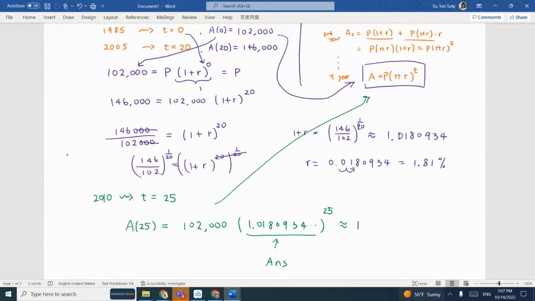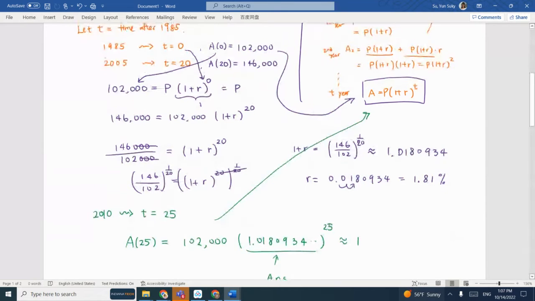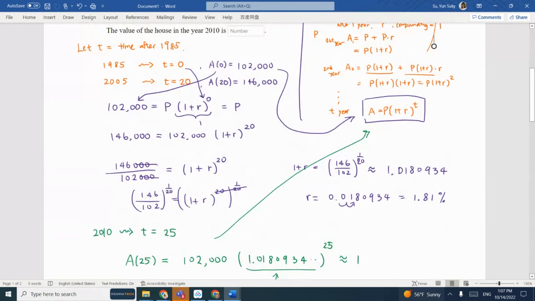Sorry, again. 103,000. 103. Okay. The number should be bigger than that because 25 years, so it should be more than the 20 years. So, anyone else get a different number?